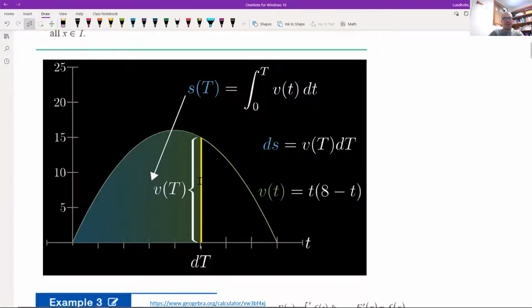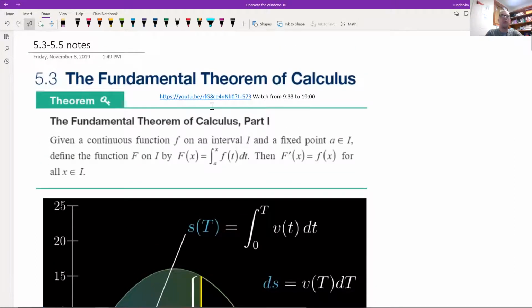And just to brief you on this, remember in this video, we were looking at the relationship between velocity and position. So the green function here is a velocity function, which is the derivative of position. What we were doing was adding up the area underneath a velocity function to give us the accumulated position. So this video is really cool. Go ahead and watch it, and I'll see you when you get back.